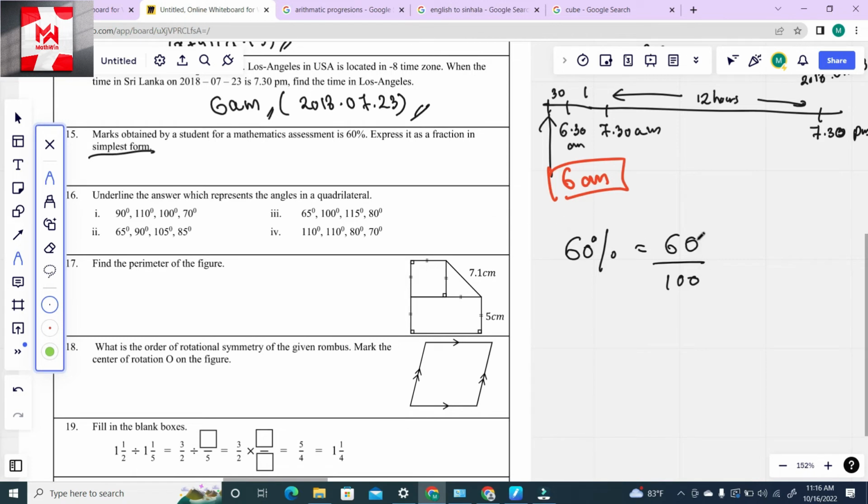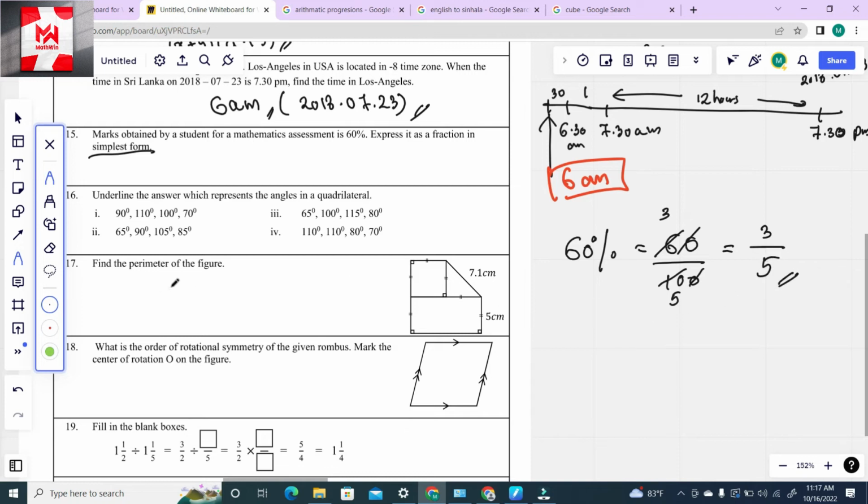That means you can cut this 0. Now it's 6/10. You can divide both numerator and denominator by 2. 6 divided by 2 is 3, 10 divided by 2 is 5. Now that is the simplest form. You can't go further. Then 3/5.